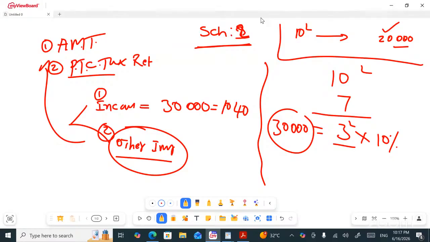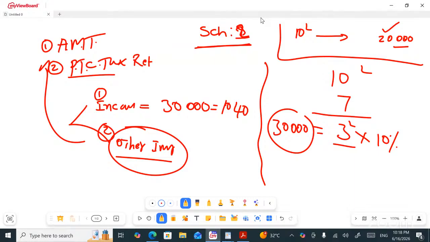According to this, whatever story I have explained so far, incomes, exclusions, adjustments, standard deduction, temporarily we have to set all this aside. Another set of provisions comes into the picture to calculate this AMT.